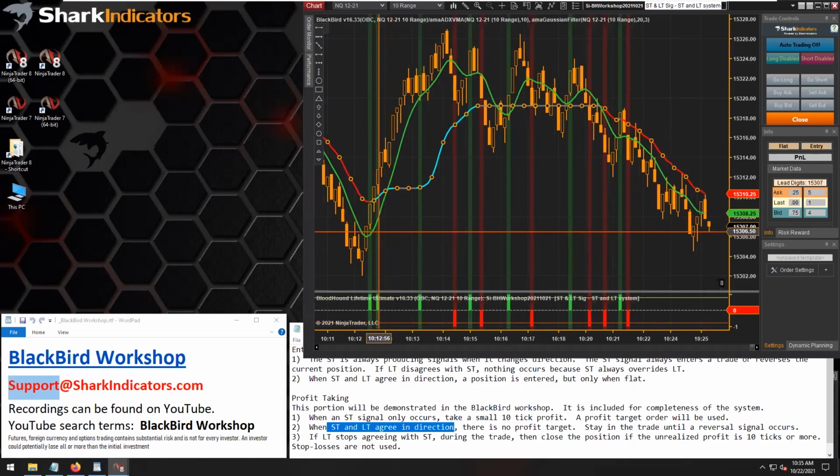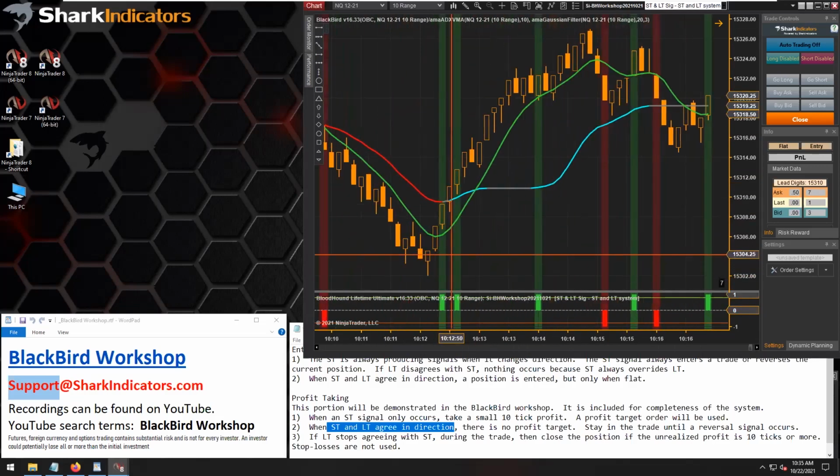So the secondary signal would just be ignored if the position from the first entry signal is still open. When this first long signal occurs, if the long trade is still open when the second long signal occurs, nothing is going to happen. There's no scaling in. There's no doubling down or anything like that going on here.